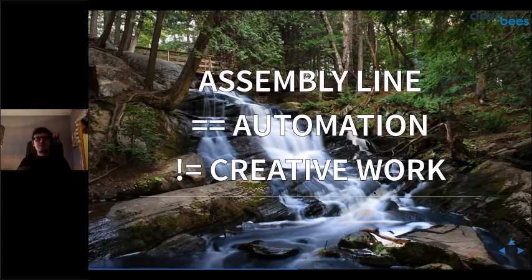It's how can we automate things in a way that they are repeatable and that they always produce the same results. Assembly line or a project, waterfall or whatnot, is not about creative work. Creative work is unpredictable. I cannot predict how much time I'm going to need to do something that I don't know how to do. And if I do know how to do something, then why do I not automate it, right?